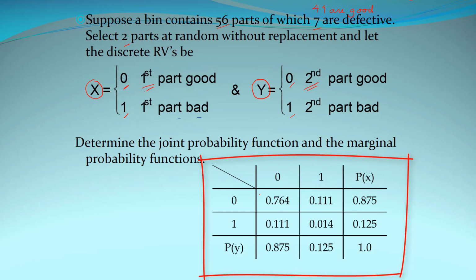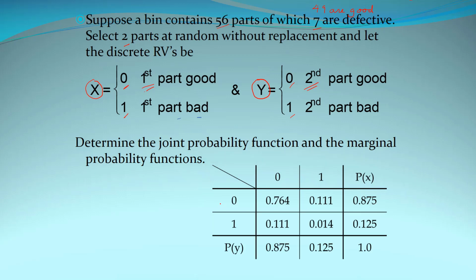So y is the second part. Y is a good one, so it's a good second part, or y is a bad second part. Or we can have x is a good part, or x is a bad part.